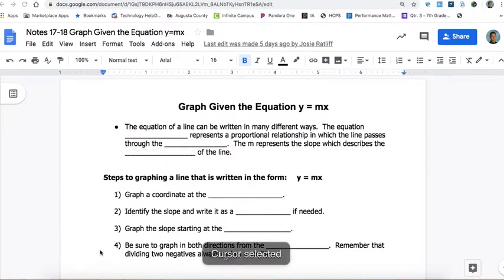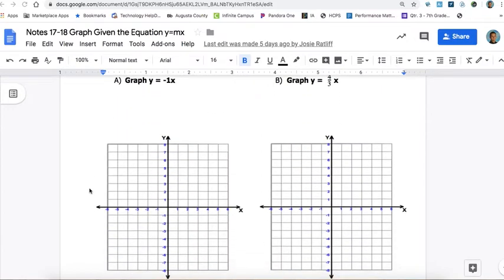Okay, so let's use these steps to graph these. Remember when we graphed prior to this, we made a table, and I always said to choose -1, 0, and 1. Well, now this is going to be much easier to graph because if we identify this as y equals mx, which it is, then we know we're going to start at the origin. And now we just have to find the slope, and the slope is the number in front of the x. So check this out.